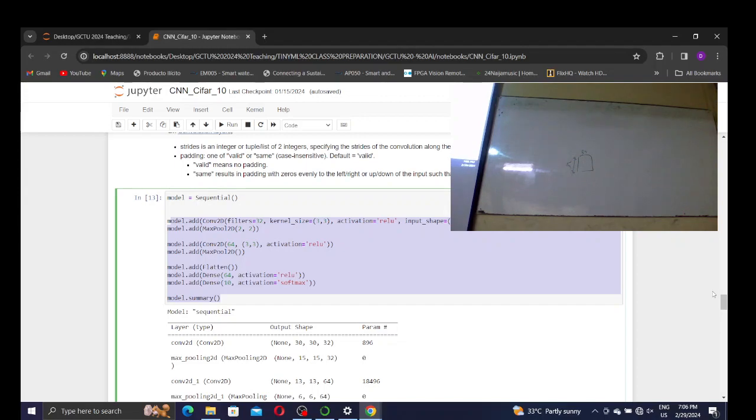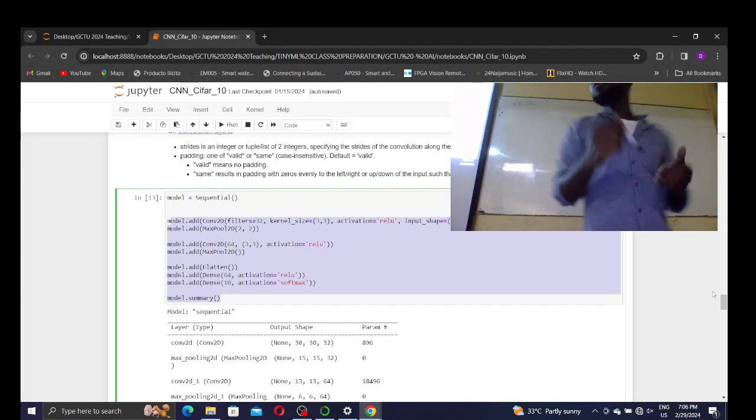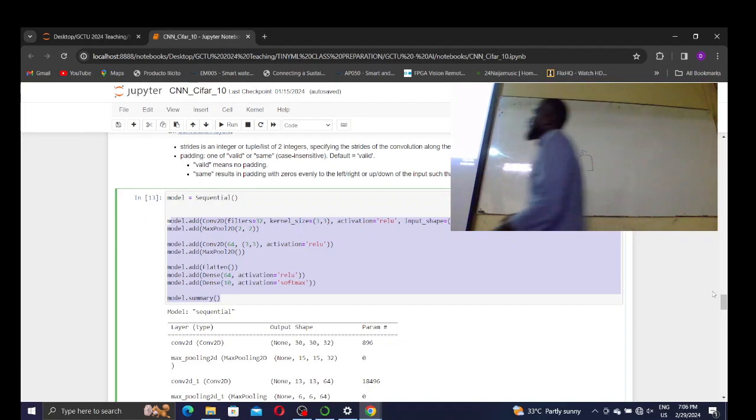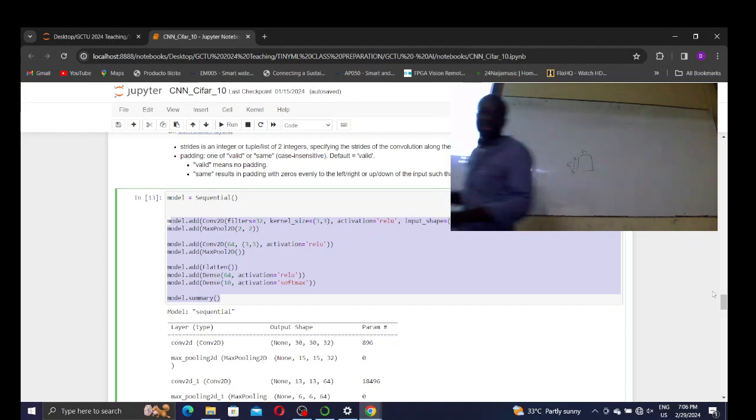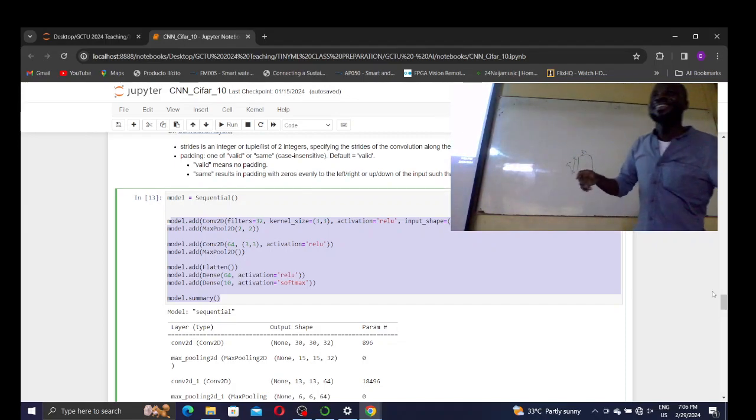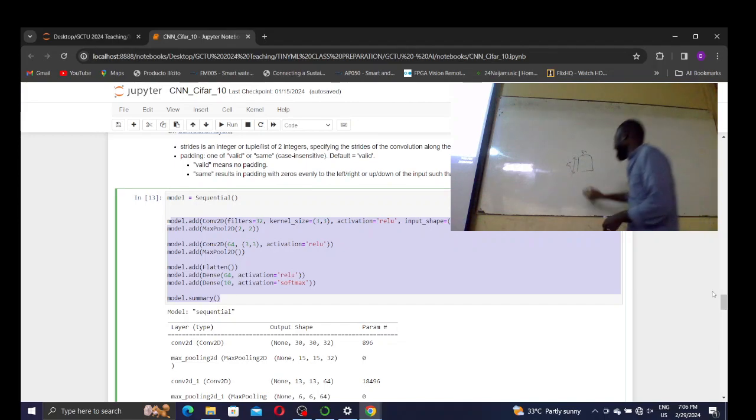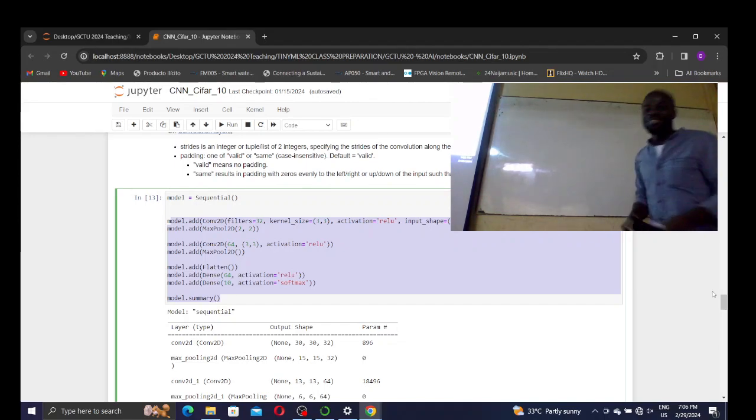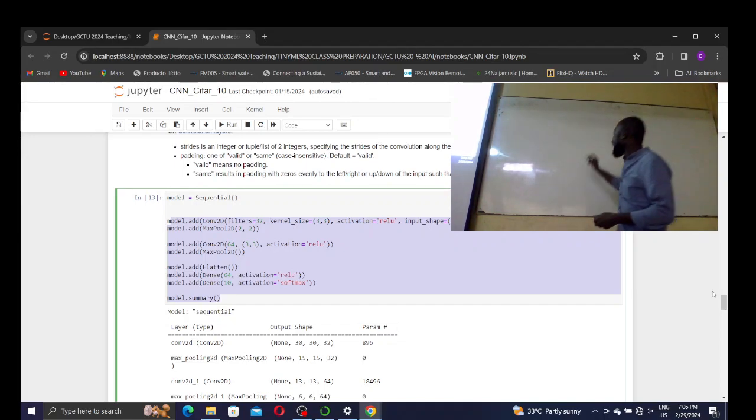I do model.add, and then I add a layer. So I define Conv2D, which means the convolutional layer. If I use Conv2D, I need to define the number of filters there. That's why you see filters equals 32. This is very important: I have 32 filters.